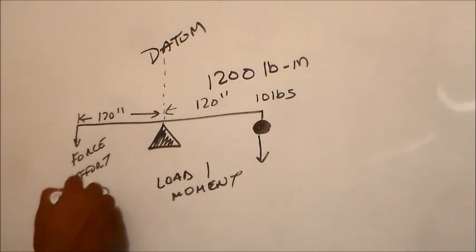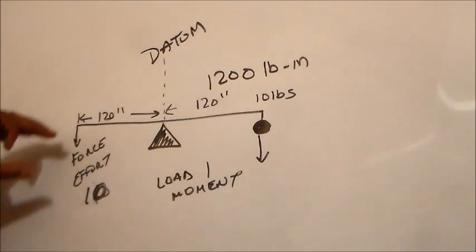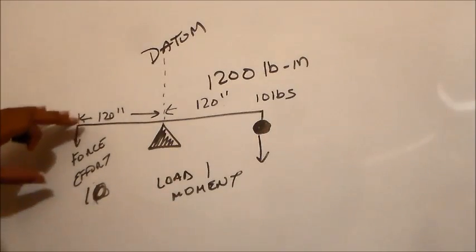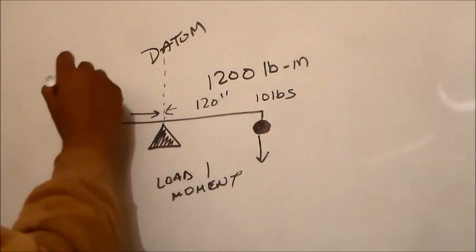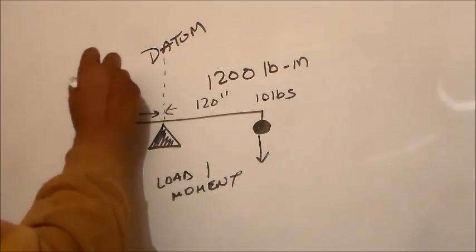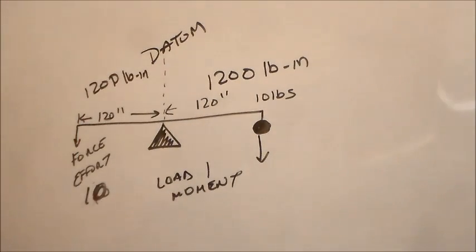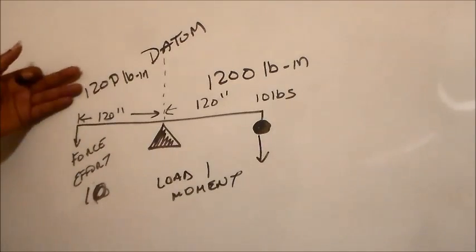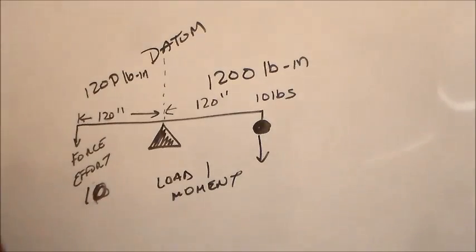I don't know why I wouldn't put 50, but 10 pounds. So here, if we have 120 inches, 10 pounds of effort, then we also have 1,200 pound inches load moment. Just think load to pounds, moment, inches, distance from the reference datum.